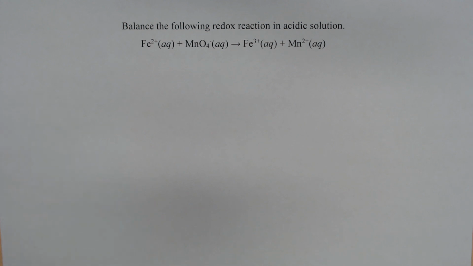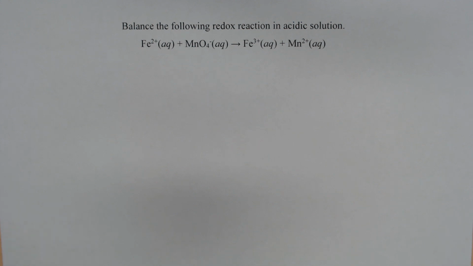In this problem, we want to balance the redox reaction in an acidic solution. Recall in a redox reaction, there are electrons that are being transferred from one species to another. We can balance the redox reaction by using the half reaction method.